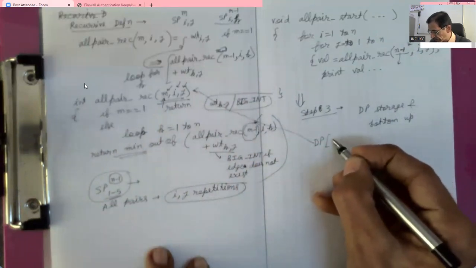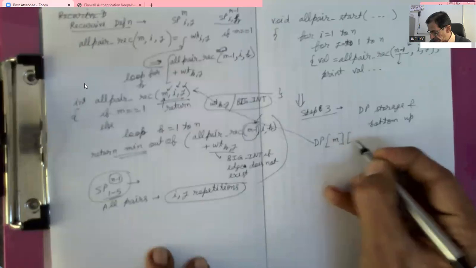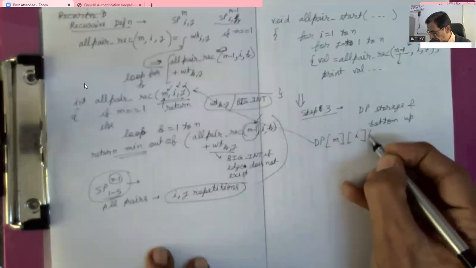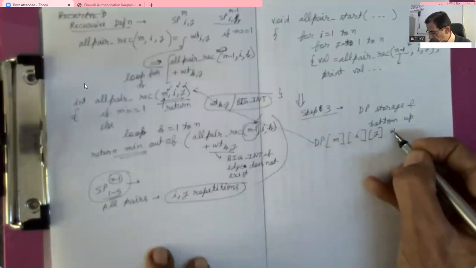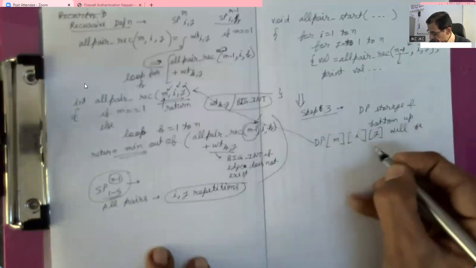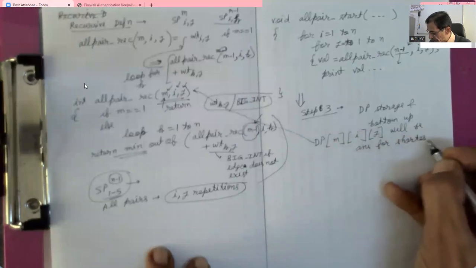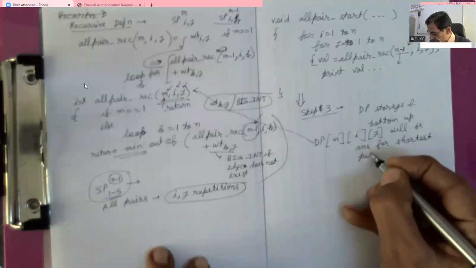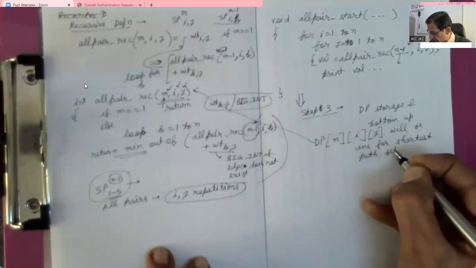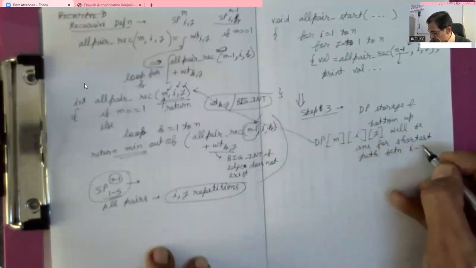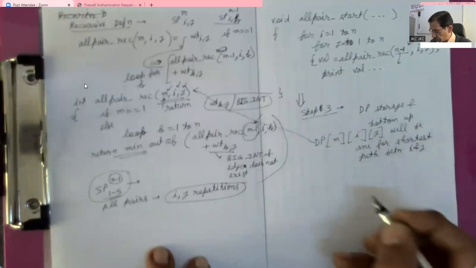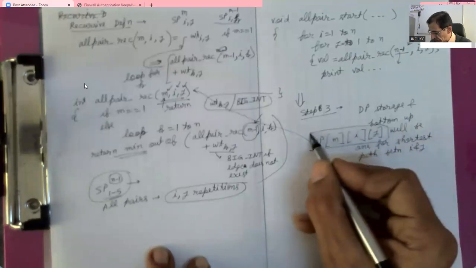So effectively, I will need some value like mij, which will be the corresponding answer for the shortest path between i and j. Now, that obviously means I need a 3D array.